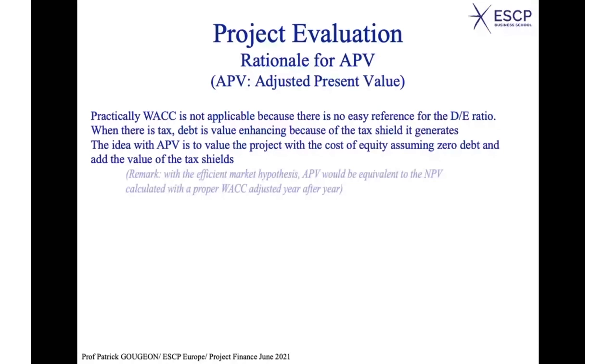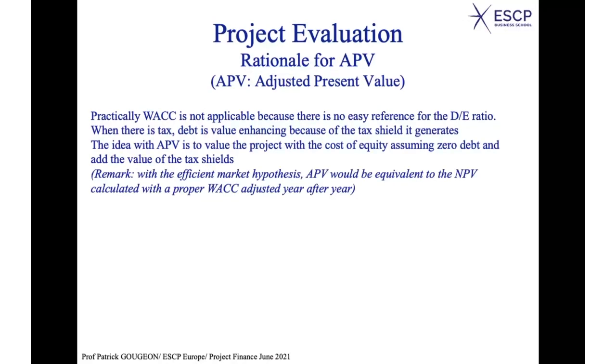Just a remark here, I'll come back to it. You have to know that if you used the WACC properly, with a change in values of equity year after year, with the change of the capital structure, a very complex calculation, we could prove that the two solutions would end up with the same result, if you assume indeed an efficient market.